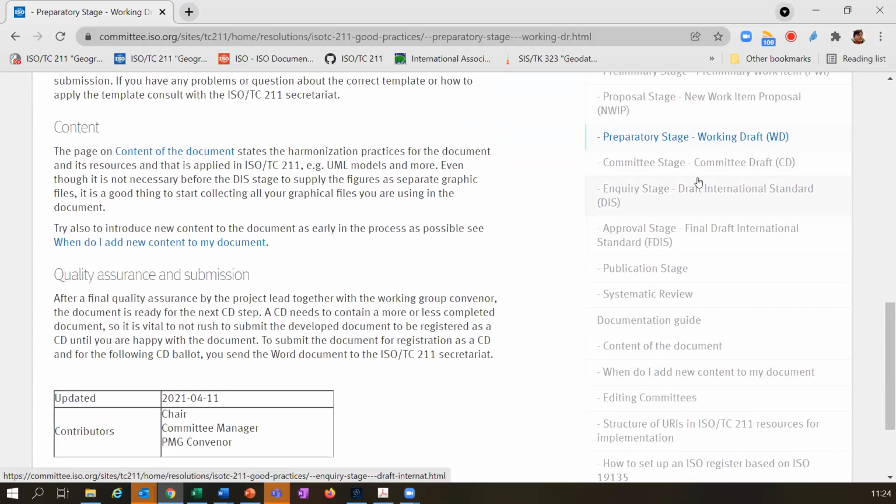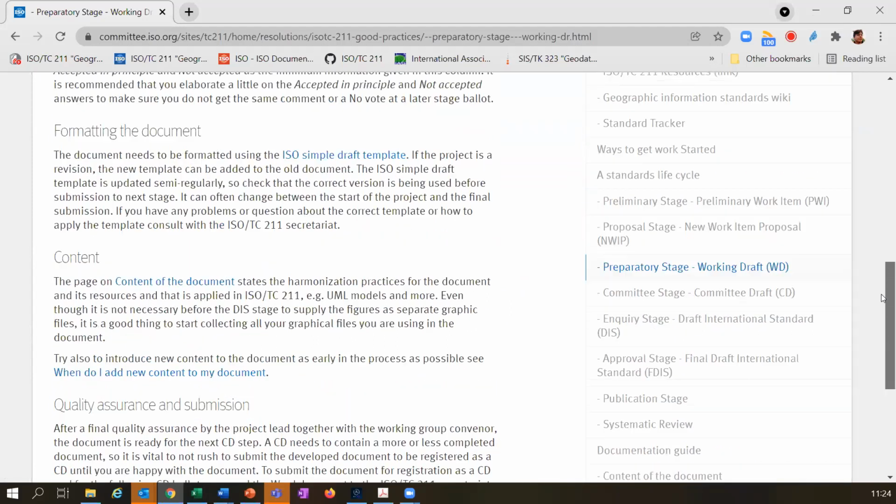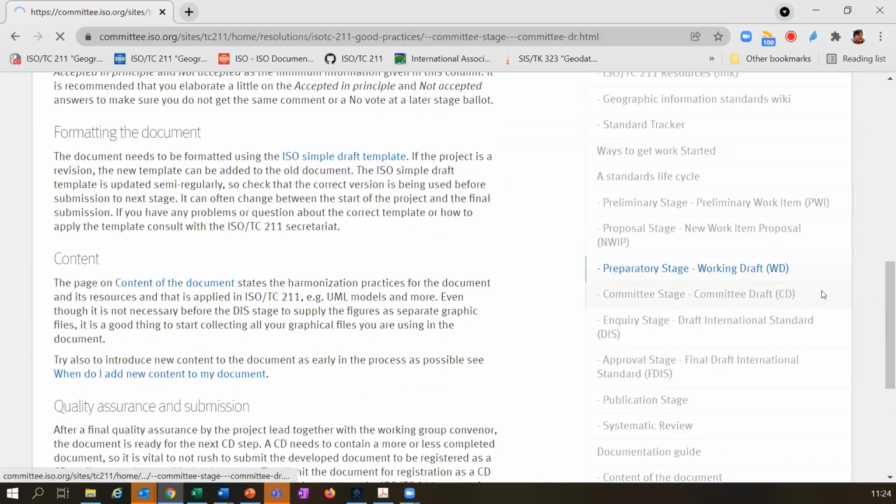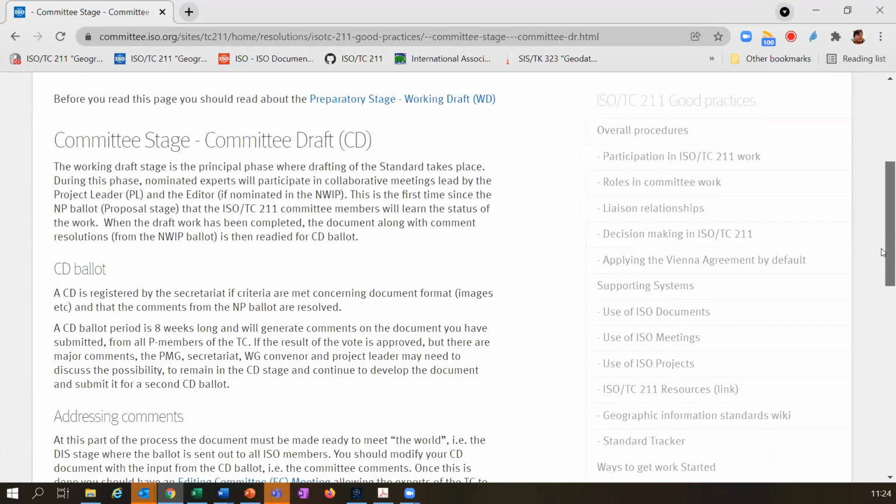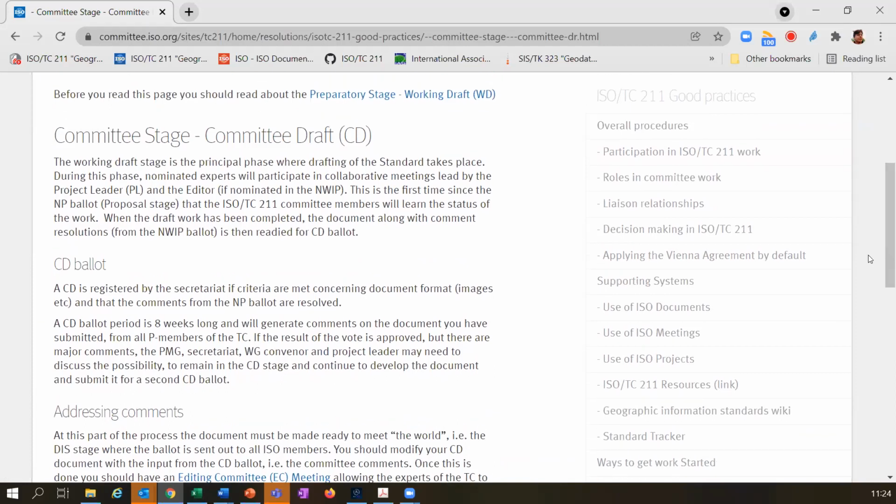Again, what should I do? The pages in the document process are built in the same way.